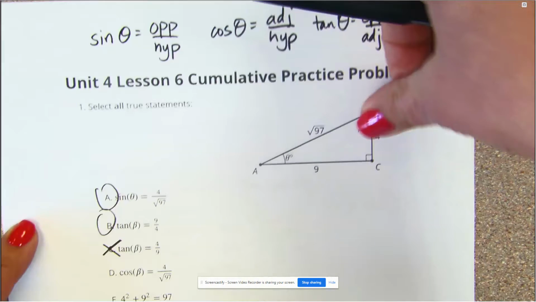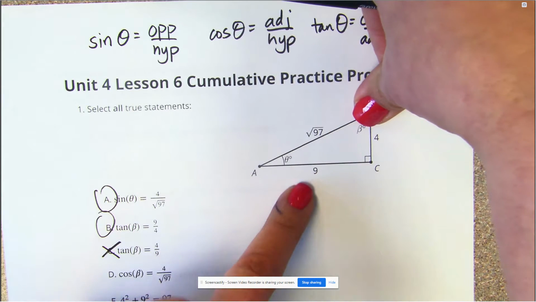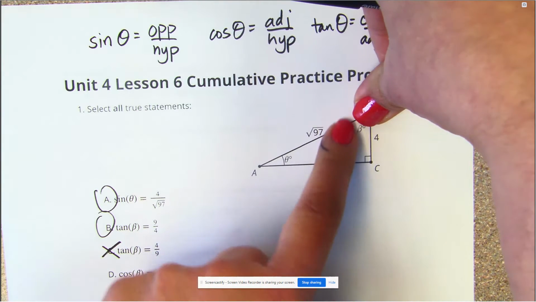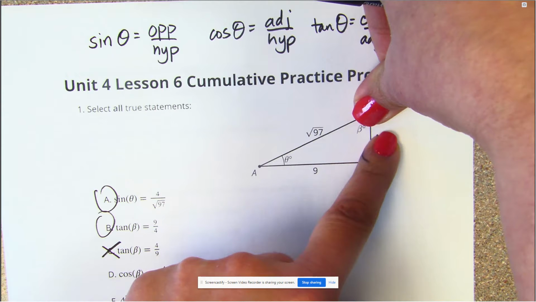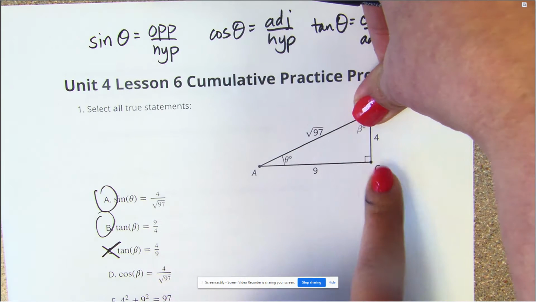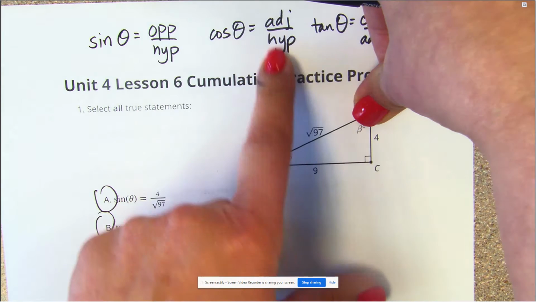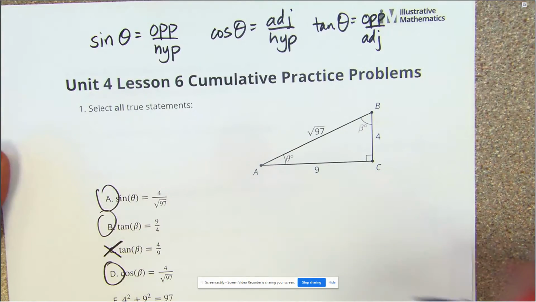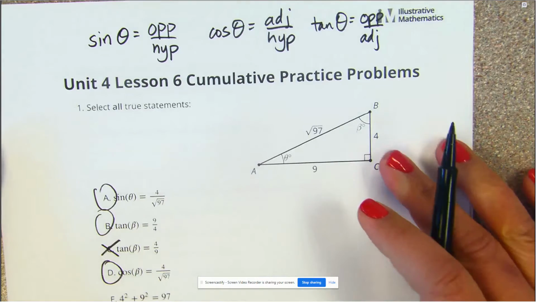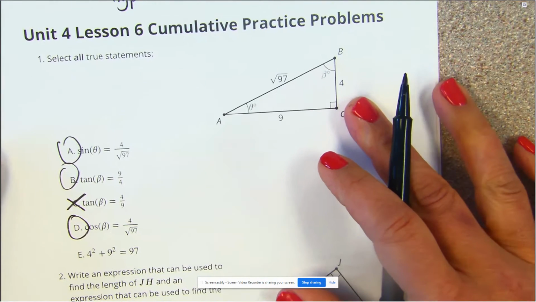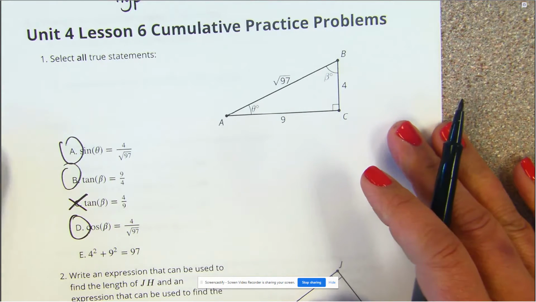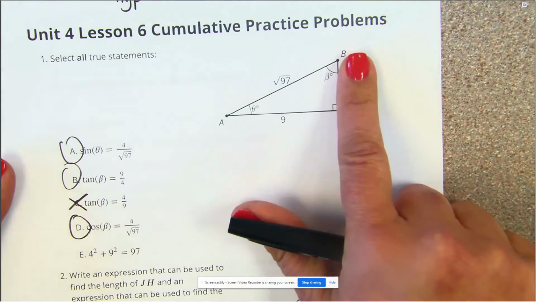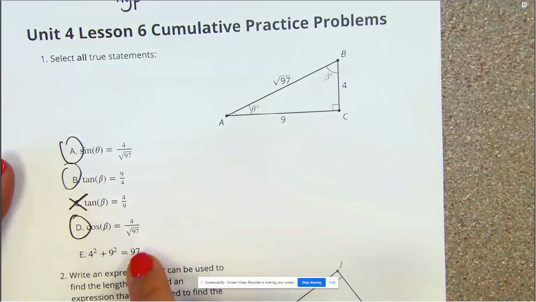Cosine of beta is 4, adjacent, divided by square root of 97, which is the hypotenuse. Yes, adjacent divided by the hypotenuse. And then the last one, instead of looking at the trig ratios, it's asking us if 4 squared plus 9 squared, this leg squared plus this leg squared, is equal to 97.